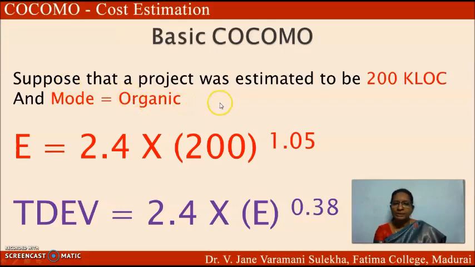Suppose that a project was estimated to be 200 KLOC and the mode is organic. We have to calculate the effort by using the formula 2.4 into 200 to the power of 1.05. And TDEV is equal to 2.5 into E to the power of 0.38. We are taking organic mode.